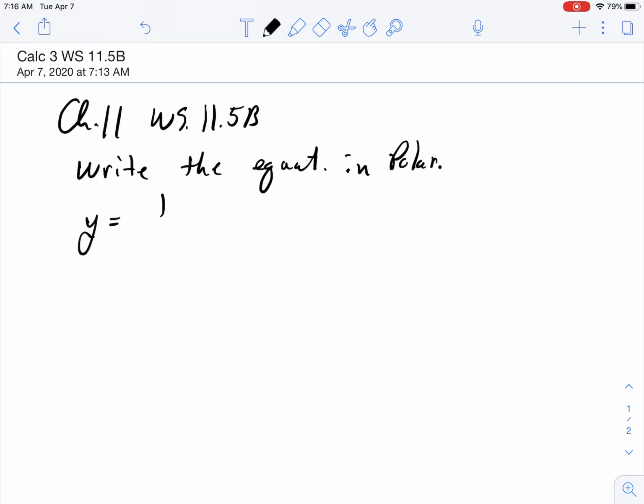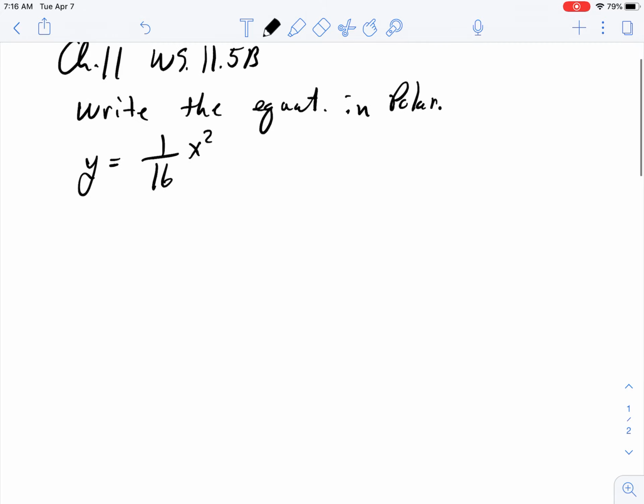Let's just do one example here, just to refresh what we've been doing. Let's say writing the equation of a parabola of y equals 1/16 x squared. Notice I haven't been doing too much shifting, so your vertex is 0, 0.